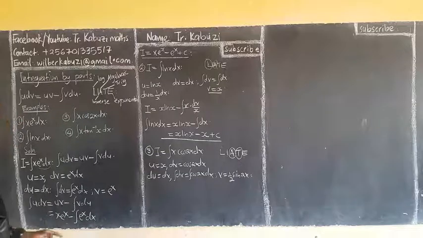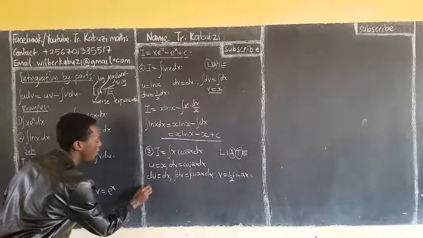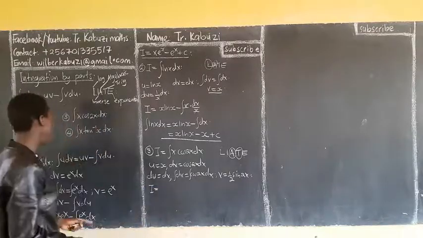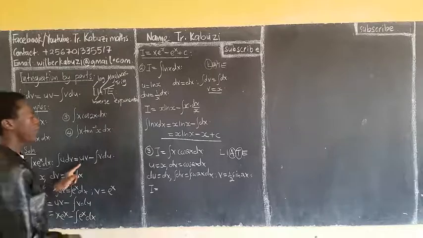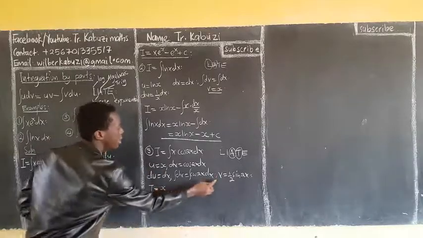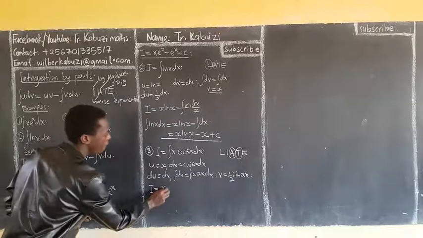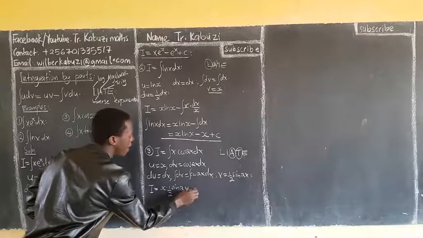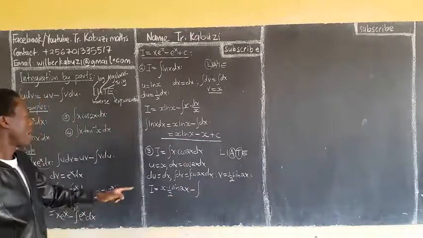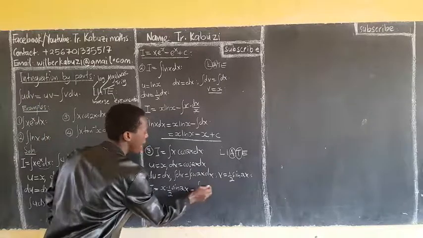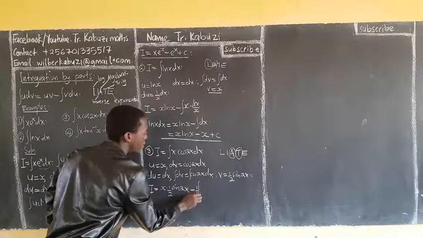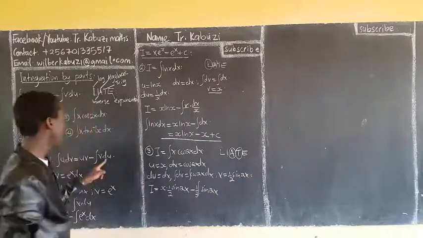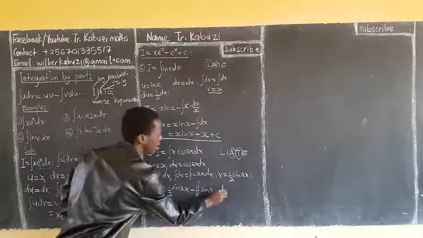So now substituting into our formula. My integral will be, it's always uv, my u is x, then this one is half, the v, sine 2x, then minus integral of my v, which is half, we call this half out, then sine 2x, then du, my du is dx.